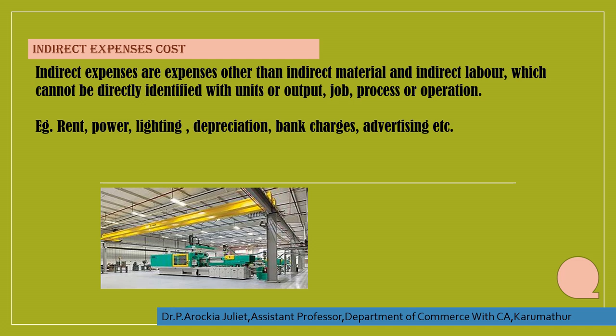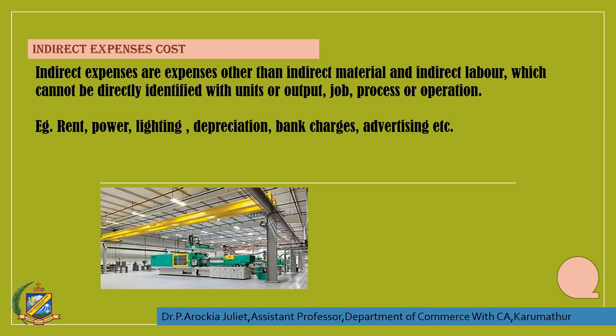Then the last element is indirect expenses cost. These are expenses other than indirect material and indirect labor, which we already learned. So other than these two, the cost is called the indirect expenses cost, which cannot be directly identified with units of output for a particular job or process.